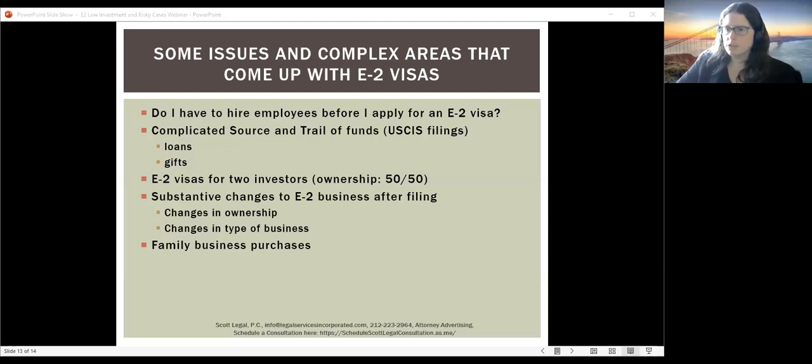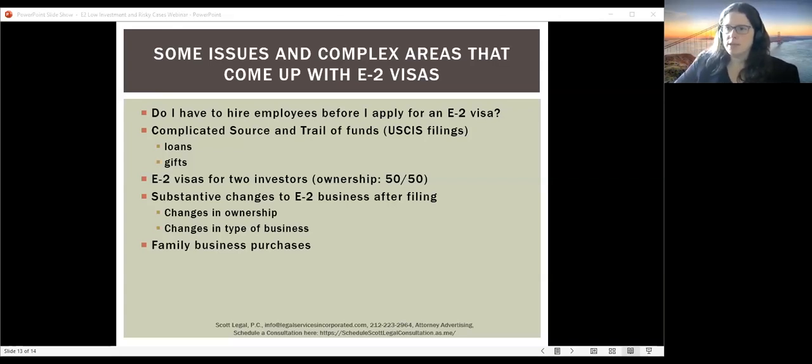Similarly, if there's a change to the type of business and it is a substantive change. So if you were running a restaurant and you close that restaurant down and now you are a wedding photographer, this is not going to be okay for the E-2 unless you went to the consulate or USCIS and you got approval ahead of time.